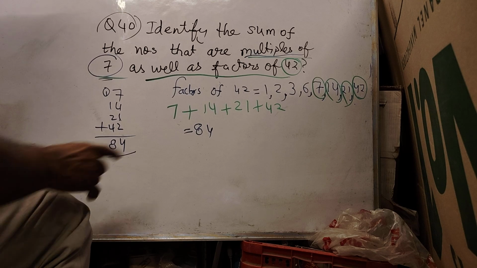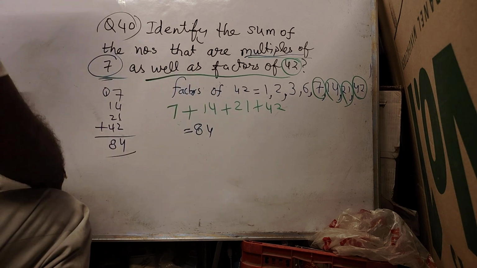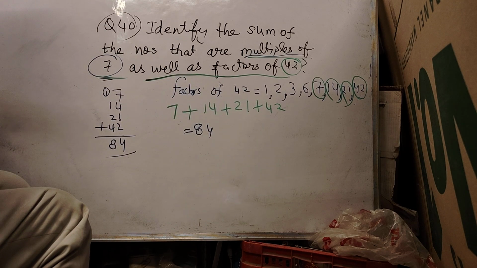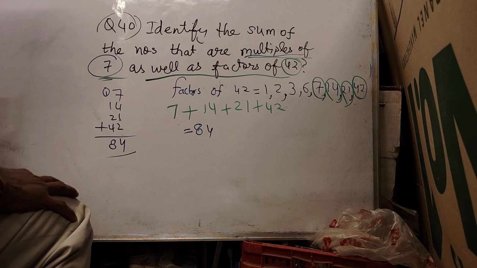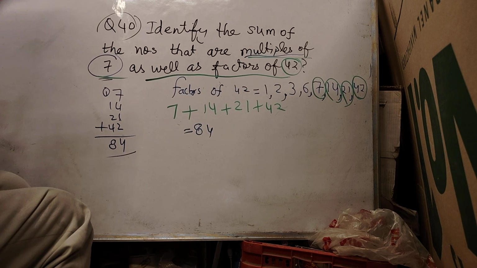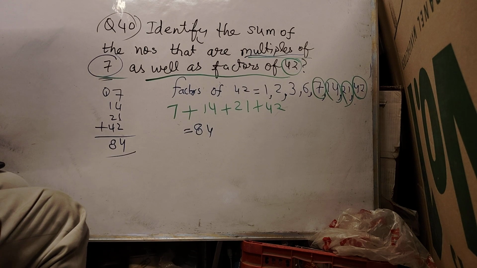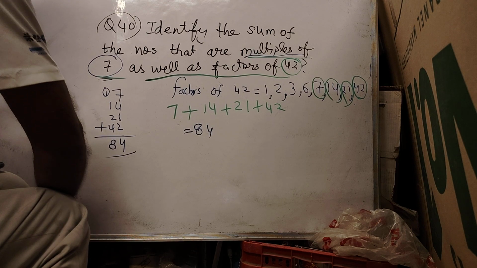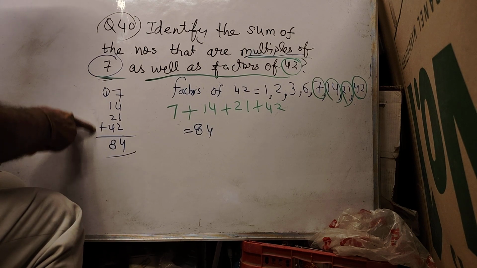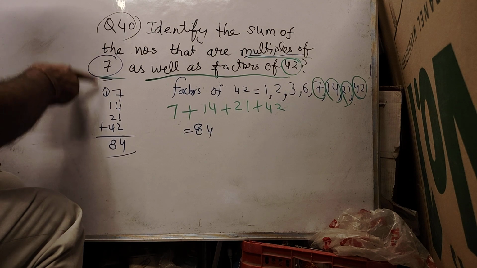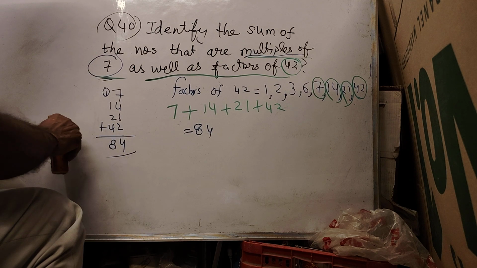The numbers should be 1, 2, 3, 4. Okay, yes, you wrote in the last step 7 plus 14, 21, 42. Correct. But I see in the column all the numbers 1, 2, 3, 6, 7, 14, 21, 42. That's why I have some doubts. In the last line you wrote these four numbers, you should write only those, but you wrote all the numbers. Okay.